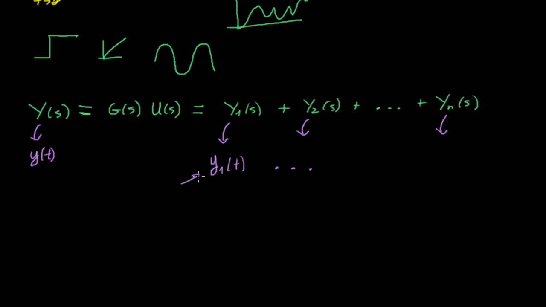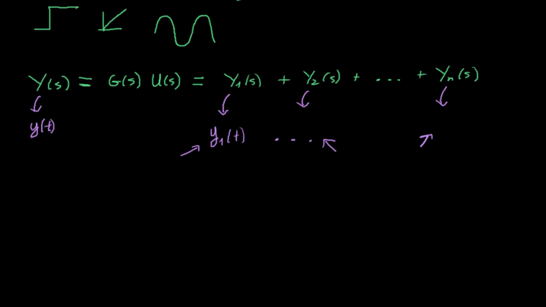Now in some of these functions, and actually in many of them, certain exponential terms, such as for example e to the minus 5t, show up, and in them the exponent is closely related to the position of the poles of g of s in the complex plane. They could be here, they could be here, but these positions define the exponents in each one of those functions.